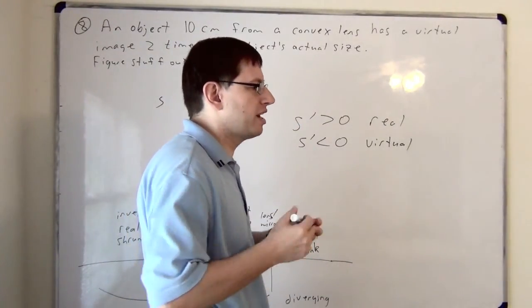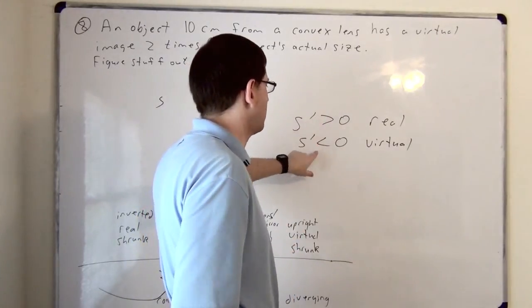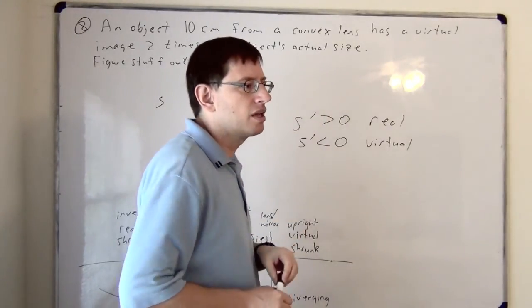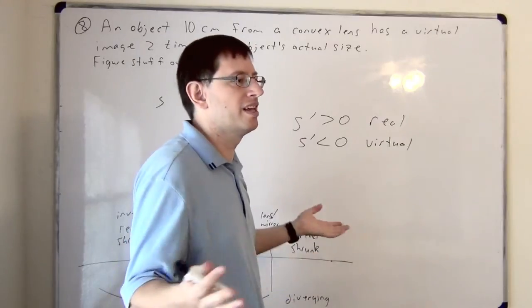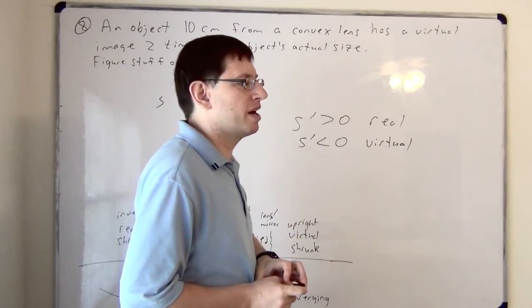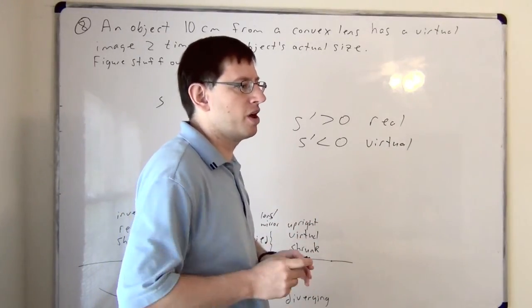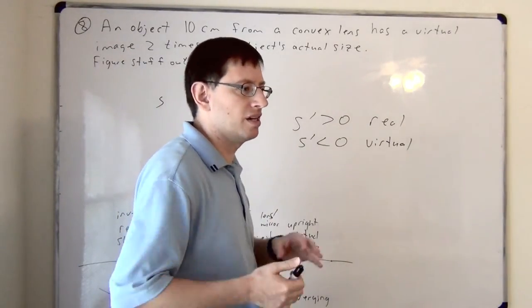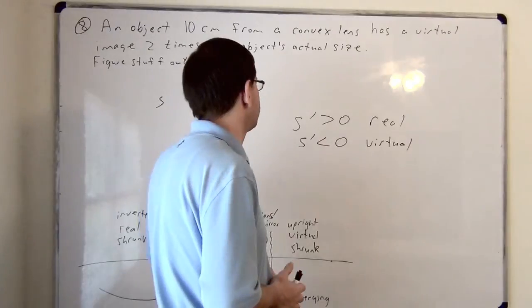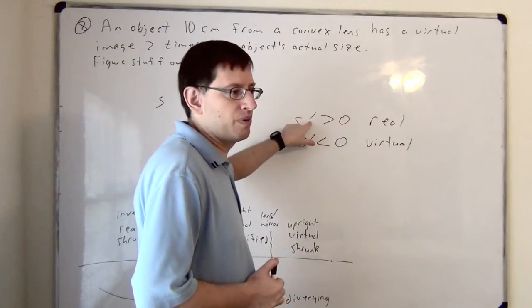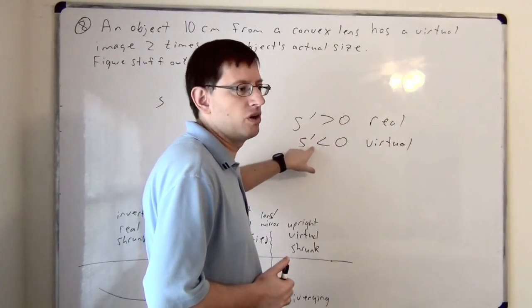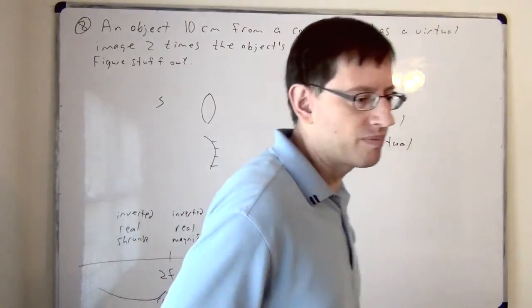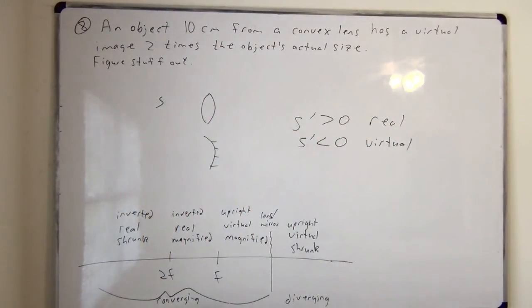So that's why it's not a good idea when you're learning the sign convention to focus on left or right, because we want to learn rules that work for both lenses and mirrors. Thinking about whether the image is on the left or the right, or the same side as the object, is confusing because that gives different outcomes for lenses and mirrors. It's better just to say a real image always gives us a positive S prime, and a virtual image always gives us a negative S prime.